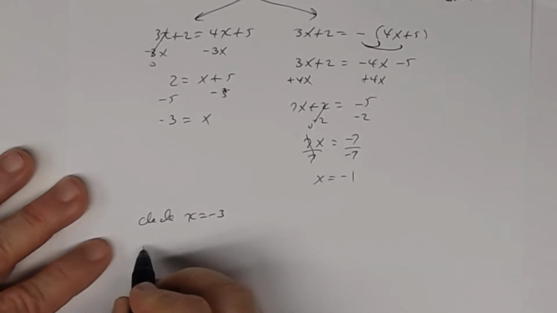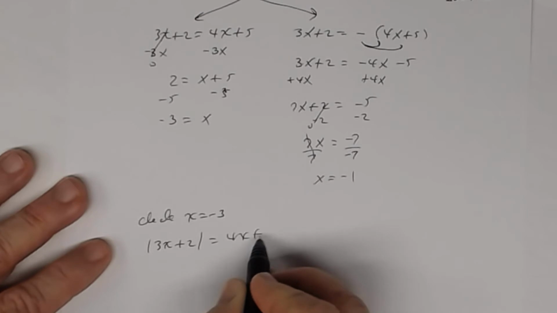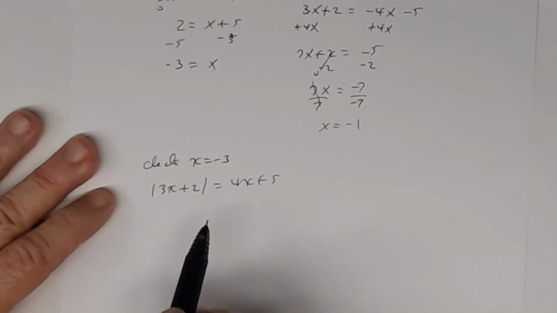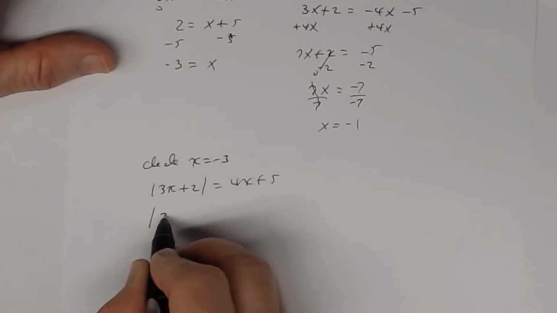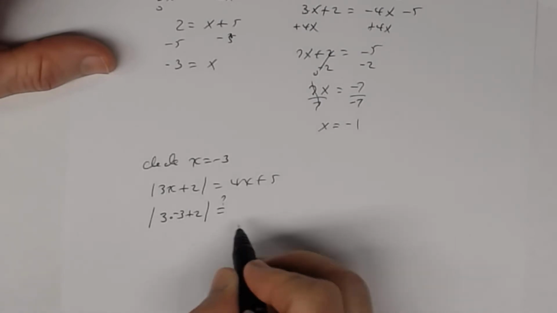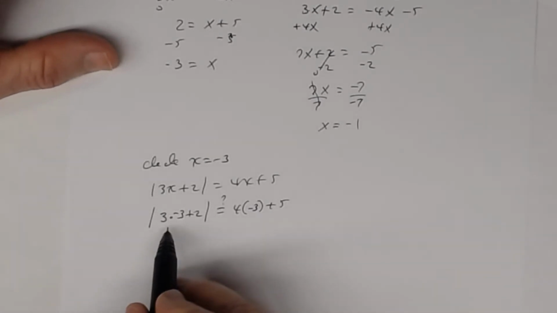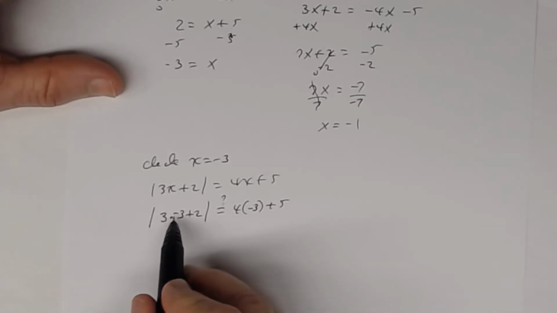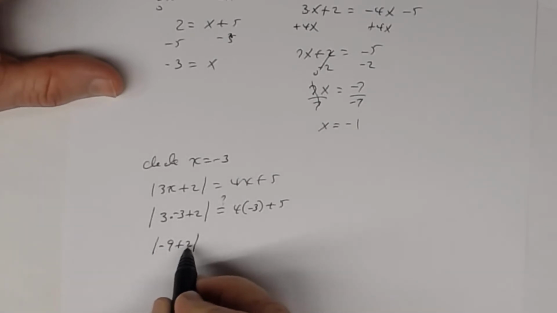Okay, so here's the original. The absolute value of 3x plus 2 is equal to 4x plus 5. So wherever I see the variable x, I have to substitute -3. So I have the absolute value of 3 times -3 plus 2, and I want to see if that's going to equal 4 times -3 plus 5. All right, so let's look at this side. 3 times -3 is -9. So I have the absolute value of -9 plus 2, which is -7.